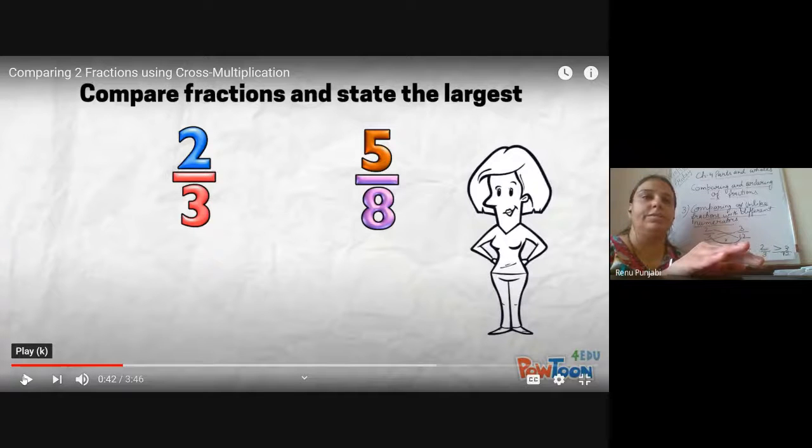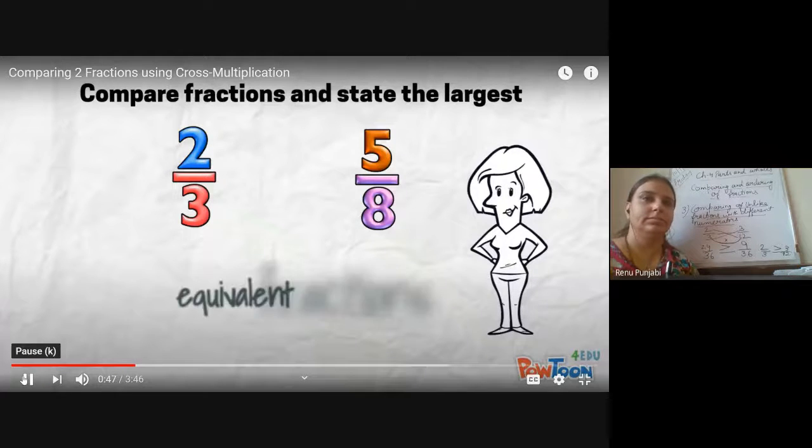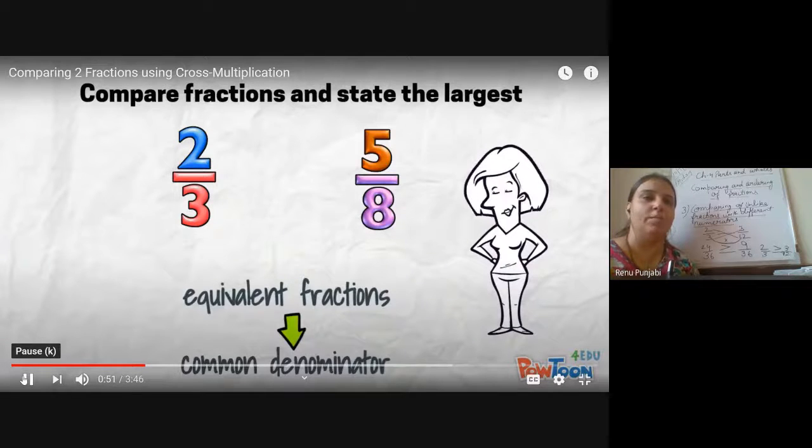Numerator and denominator both are different. In that case, how will we do it? First, we make them equivalent fractions by the common denominator.